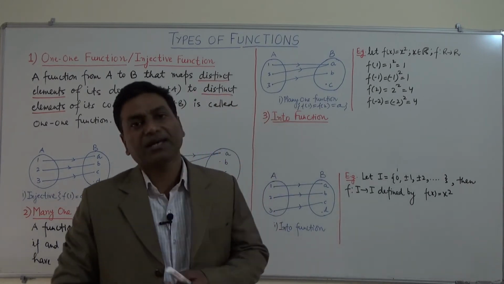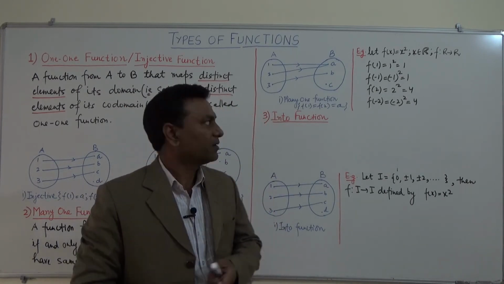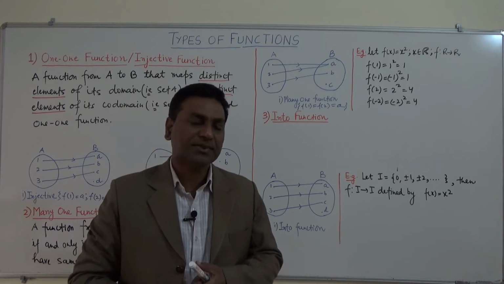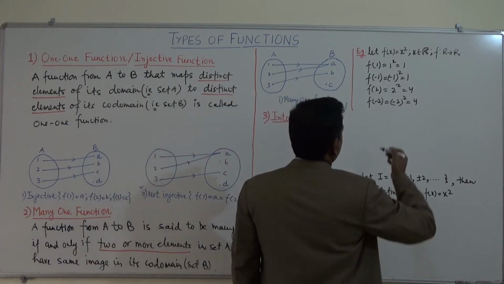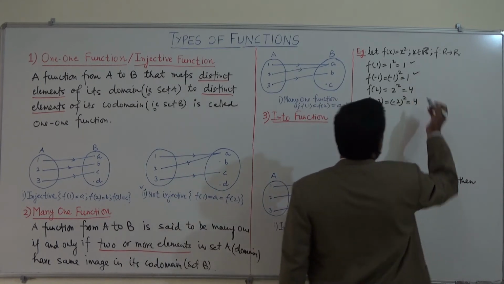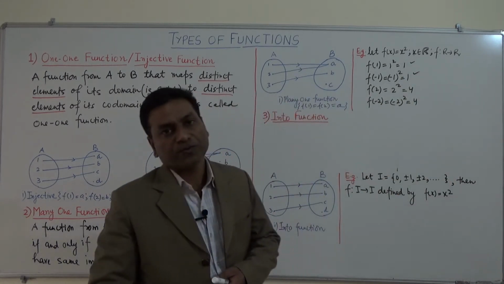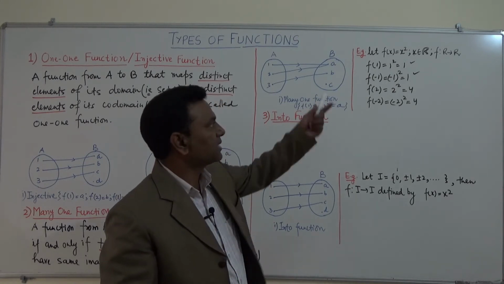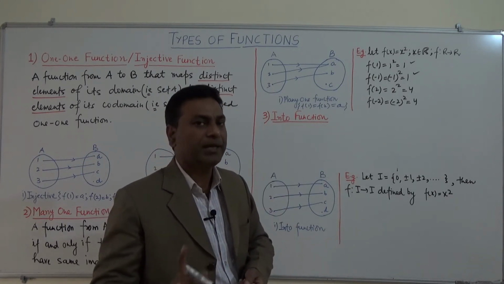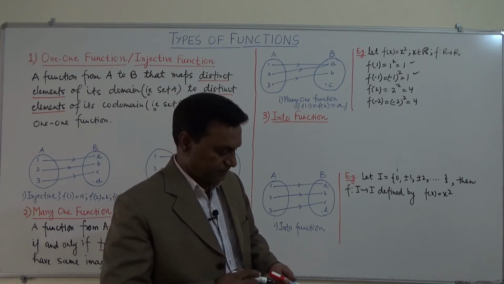So 1 and -1 have the same image, that is 1, and 2 and -2 have the same image, that is 4. So this is an example of many-one function.